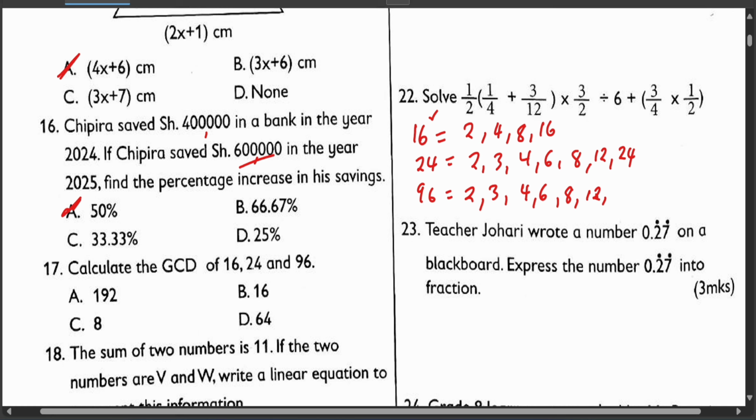No. 16? Let me see if, no, 96 divided by 16. Yes. 96 divided by 18. No. 96 divided by 20. No. 21, 22. No. 96 divided by 24. Yes. So 24.